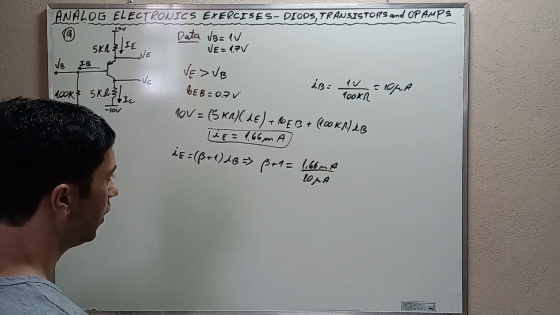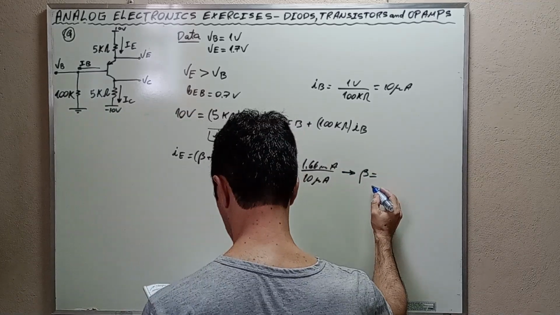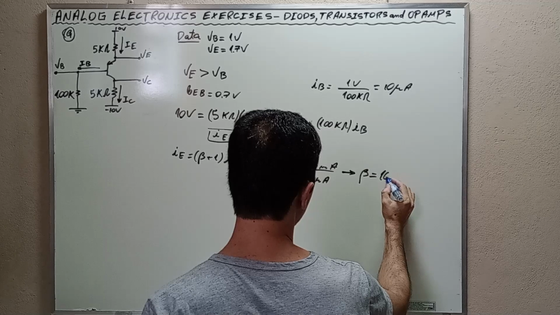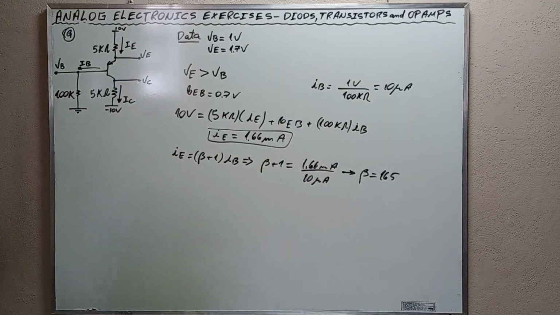Okay? And in this way we find the value of beta equal to 165. The exercise wanted us to calculate the value of beta, and this is the first result.